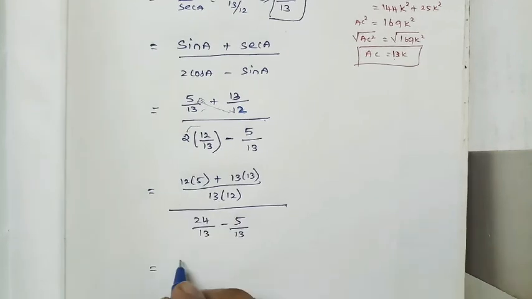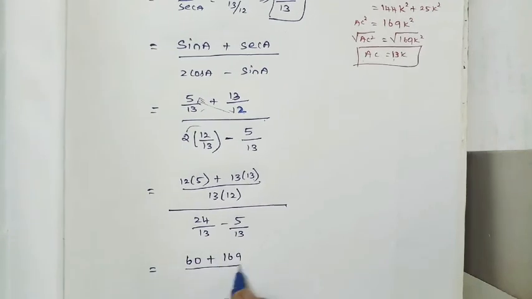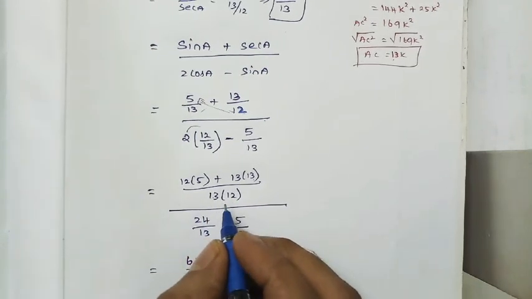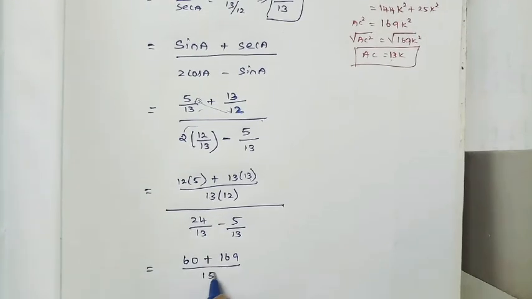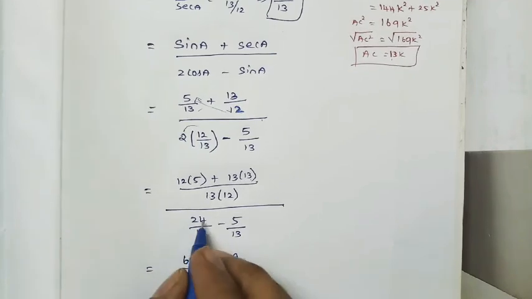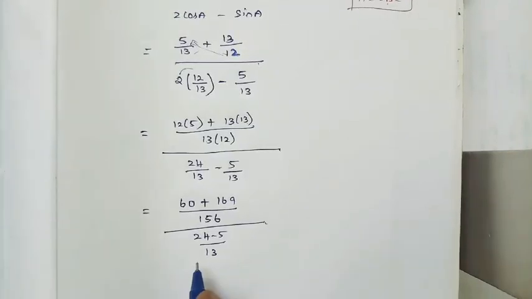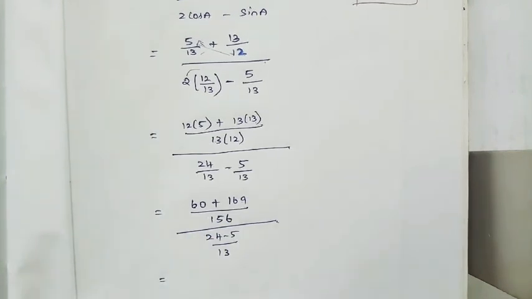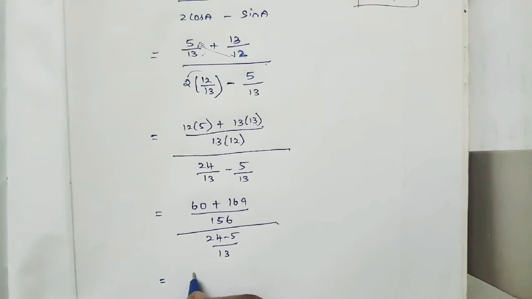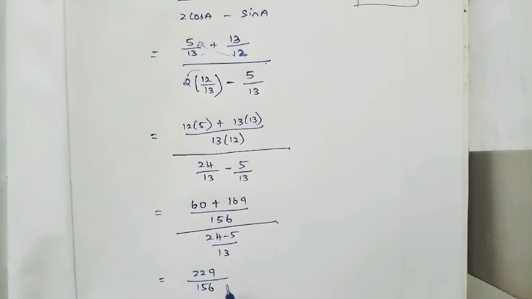12 into 5, 60. 60 plus 13 into 13, 169, divided by 13 into 12, 156, whole divided by, writing 13 only once, and 24 minus 5 is 19, so 19 divided by 13. 169 plus 60 is 229, so 229 divided by 156, whole divided by 19 by 13.